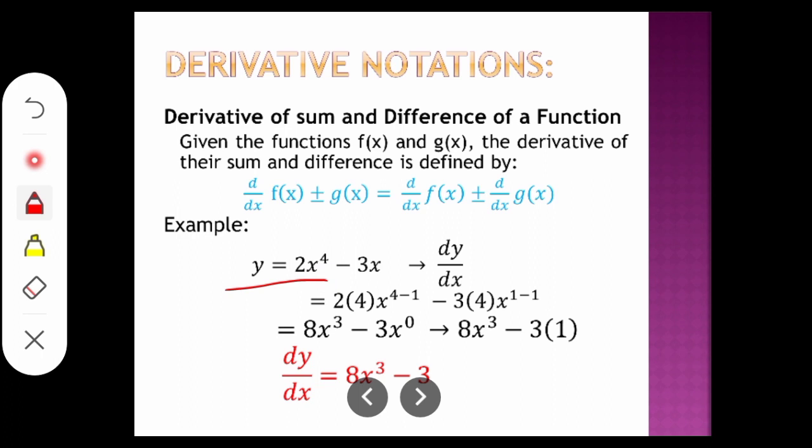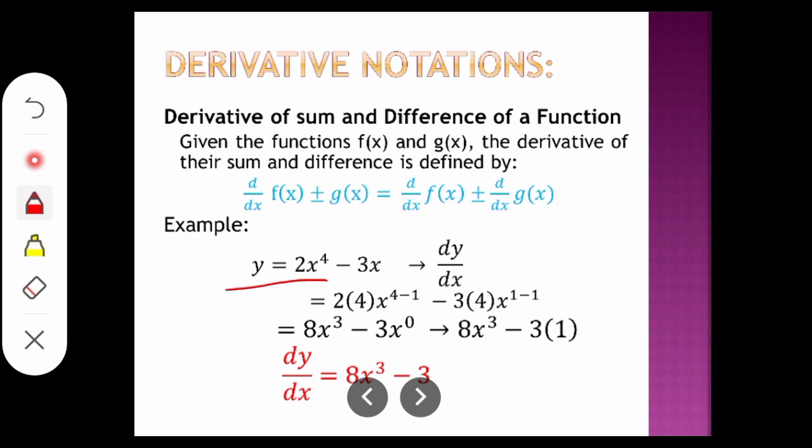So dy over dx equals 2 times 4x raised to 4 minus 1 minus 3 times 1x raised to 1 minus 1. 2 times 4 is 8, so we get 8x cubed, since 4 minus 1 is 3.